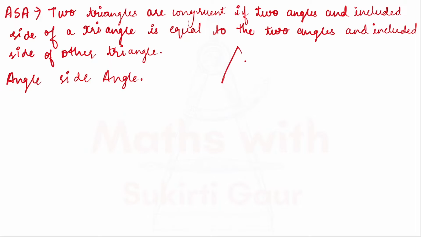So if I take two triangles like this and I give one angle as 70 degree, other as 60 degree, also here 70 degree, 60 degree, and the side with these two is this one.